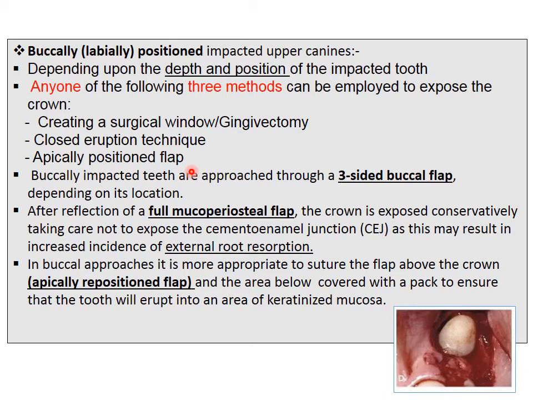In buccal approaches, it is more appropriate to suture the flap over the crown in an apically repositioned flap. Of course, not in all cases is the apically repositioned flap used, but when the tooth is below the cemento-enamel junction of the adjacent teeth, it is most often used to cover the tooth and leave the other area covered with keratinized tissue.